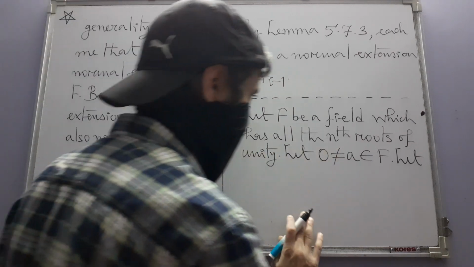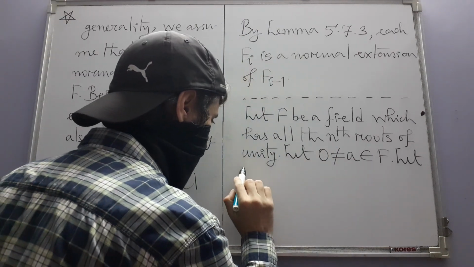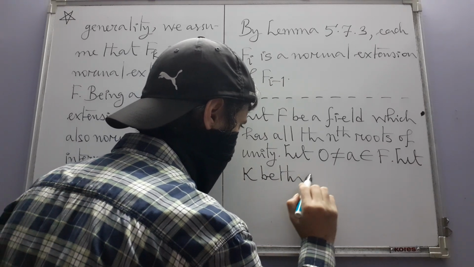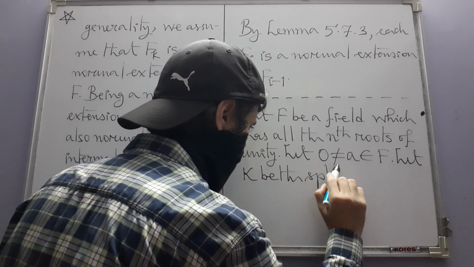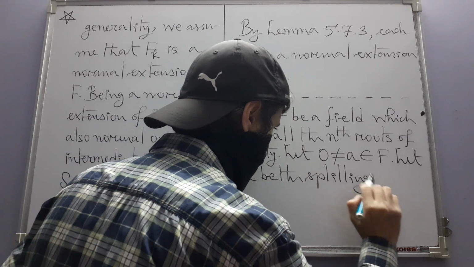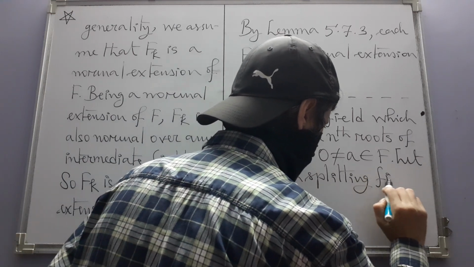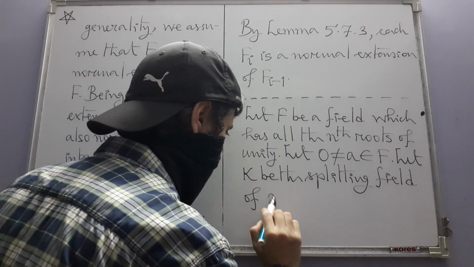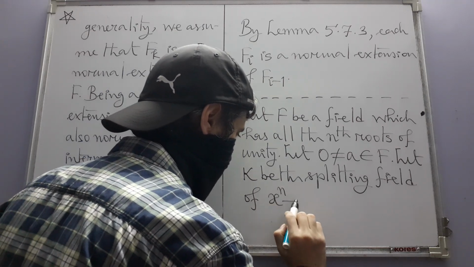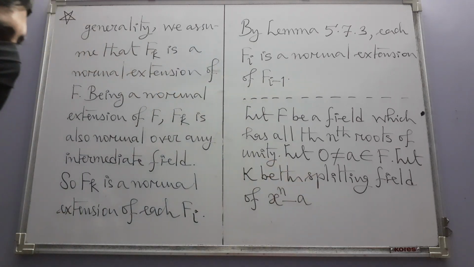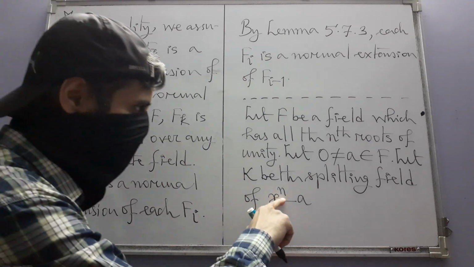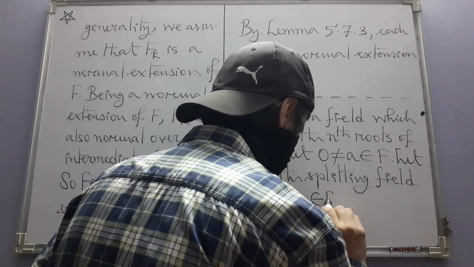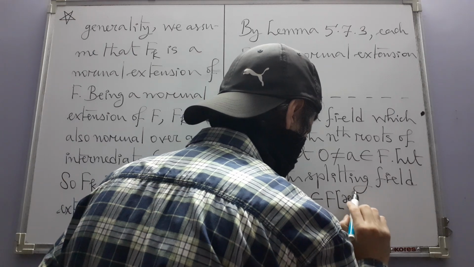And let K be the splitting field of this polynomial x to the power n minus a, where this n is of course that n, and this definitely is a polynomial over F.